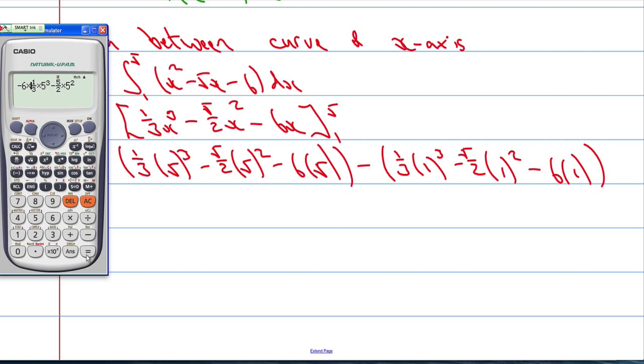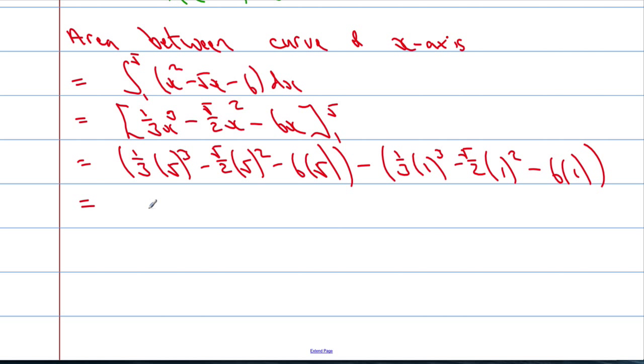Something dreadful has happened here. That's 1 over 3 times 5 cubed minus 5 over 2 times 5 squared minus 6 times 5. Okay. And negative 305 over 6. And we need to take away from that.